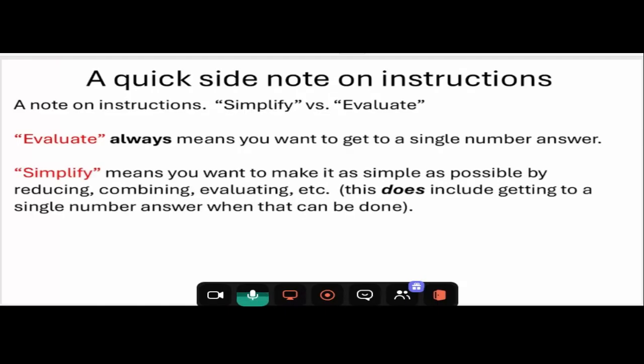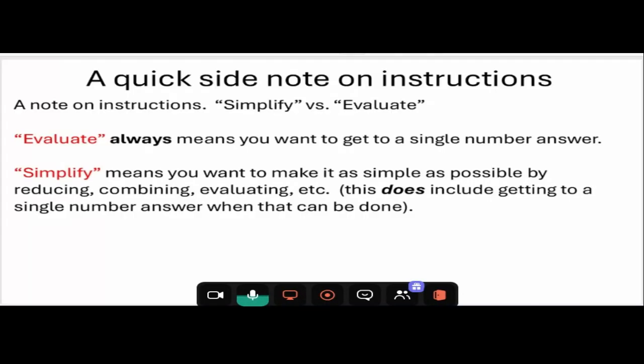Simplify simply means that you want to make it as simple as you can by any means possible, reducing, combining, or including evaluating. So some people get confused. They think if it says simplify, they don't give a number answer. If it says simplify and you can get a number answer, then you do.